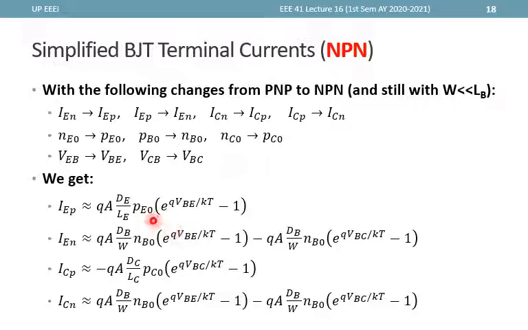So we now have for IEP, we are using PE naught. For IEN, we're using NB naught. For ICP, PC naught, and ICN, NB naught. And the voltages changed to VBE and VBC.